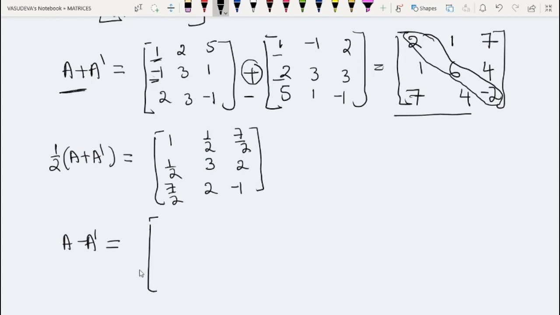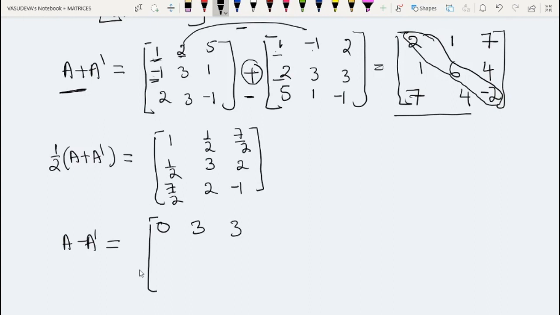I'm just changing to minus, subtracting the corresponding elements of A and A dash. So 1 minus 1 will become 0. 2 minus of minus 1, that is 2 plus 1, is 3. And 5 minus 2 is 3.